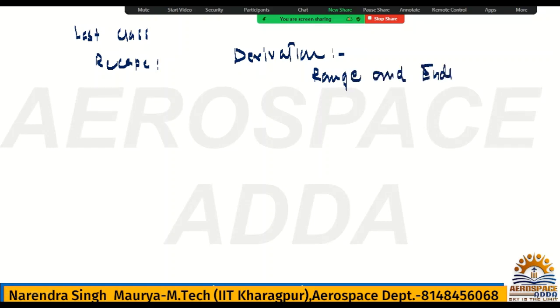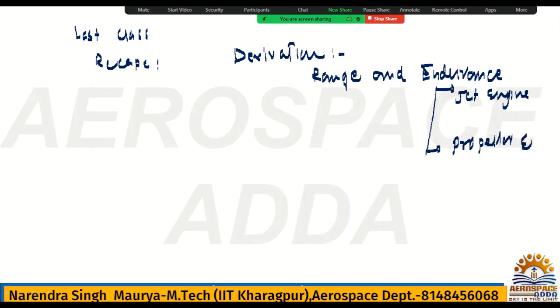Basically range and endurance. We had seen range and endurance for endurance, we had seen for both the jet engine and the propeller engine.